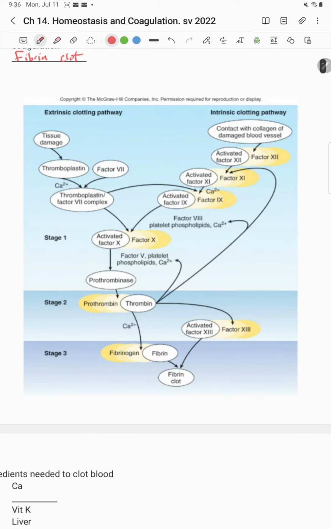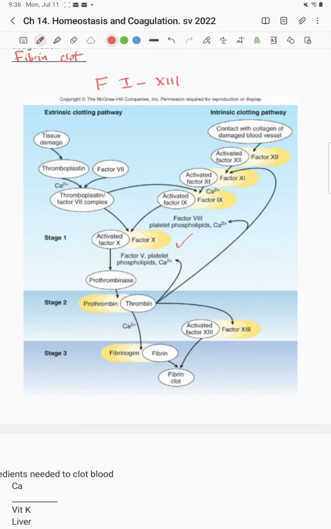Okay, then you're going to activate different factors, and the factor that we're going to focus on is factor 10. Keep in mind we have factors 1 through 13. There are some classic ones that are commonly mentioned and commonly studied, and if you're looking for bleeding disorders, those you would order first.